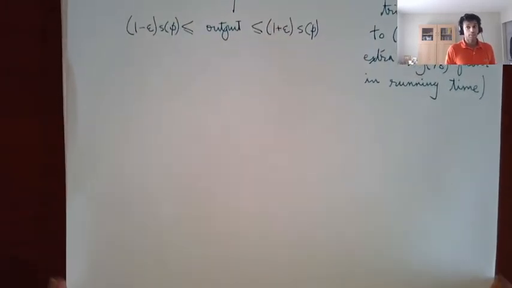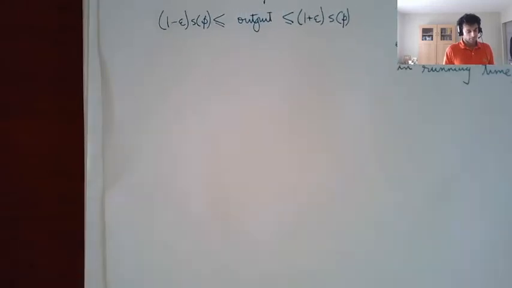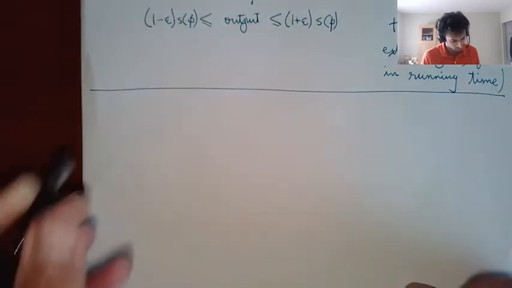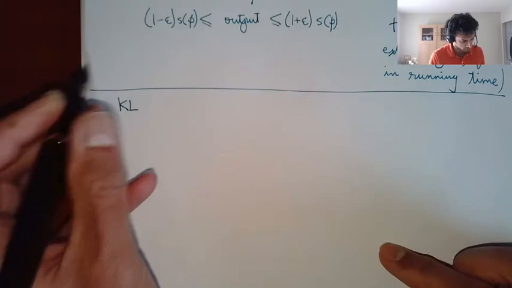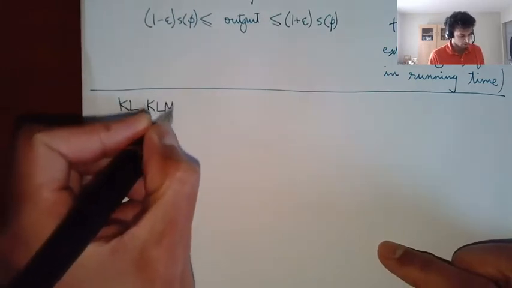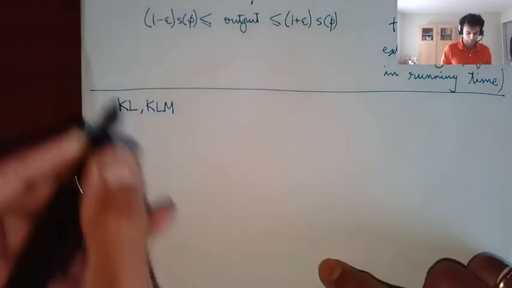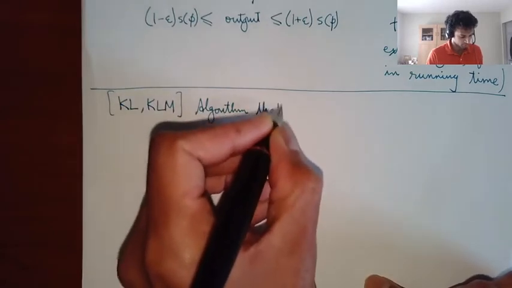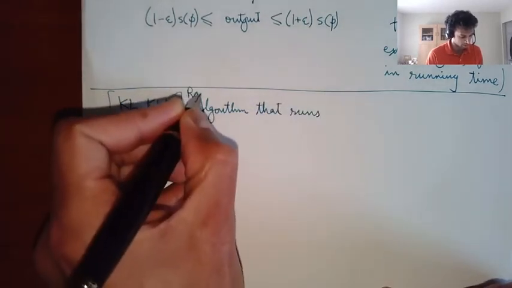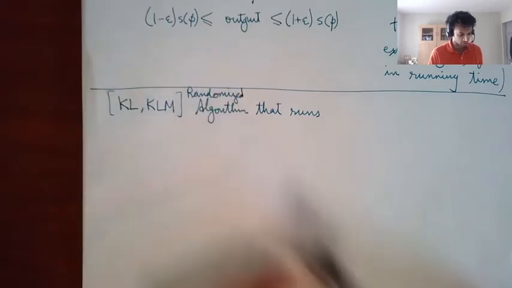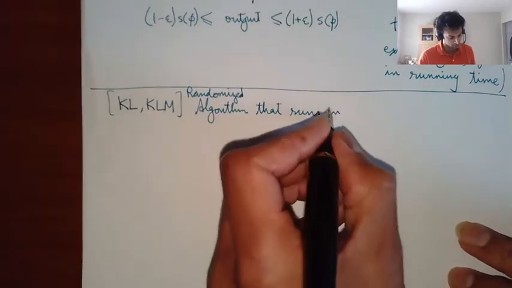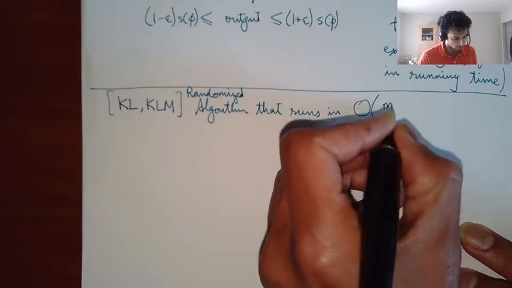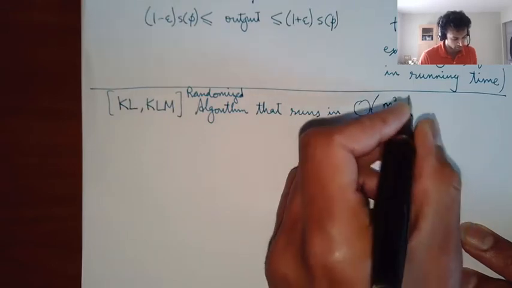So now let me give you the algorithm. What Karp-Luby and Madras give is an algorithm, and this is again a randomized algorithm that runs in, specifically, the simple algorithm is going to be O of m square n divided by epsilon square.